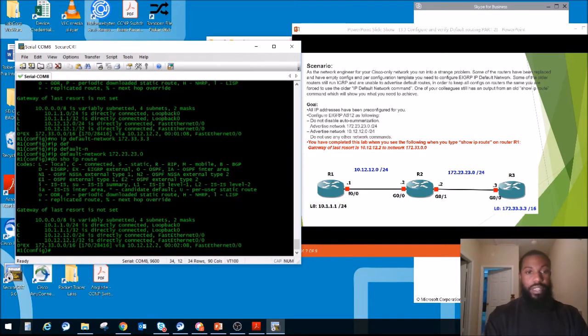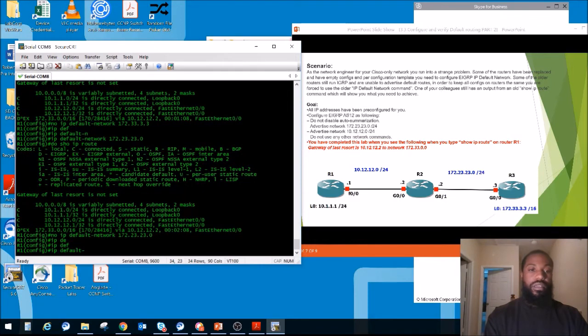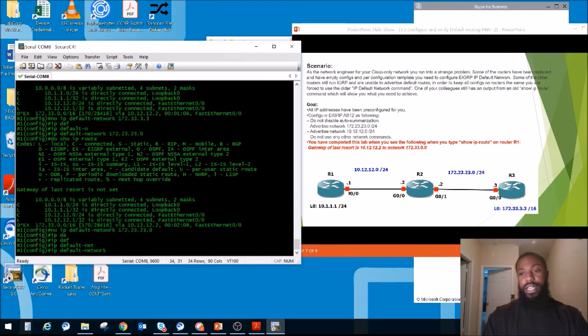That's not what we wanted either. So let's try the loopback address's network, which is 172.33.0.0.